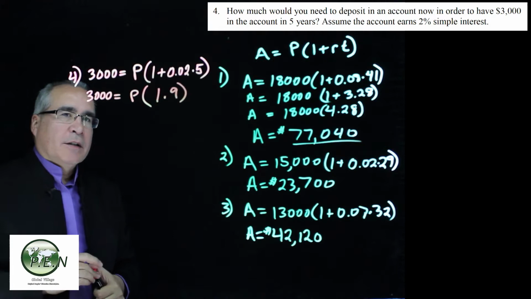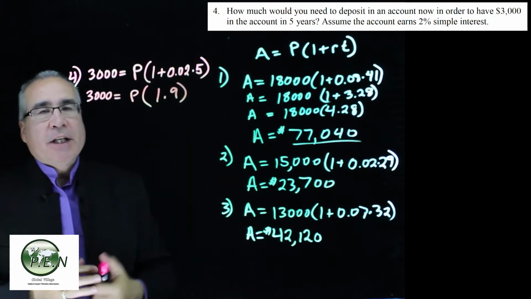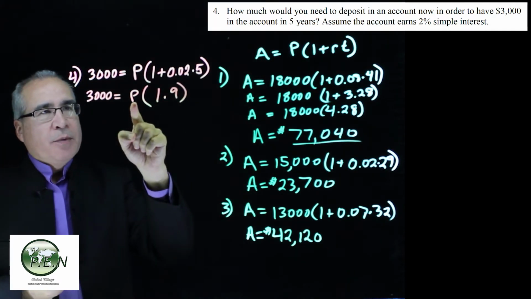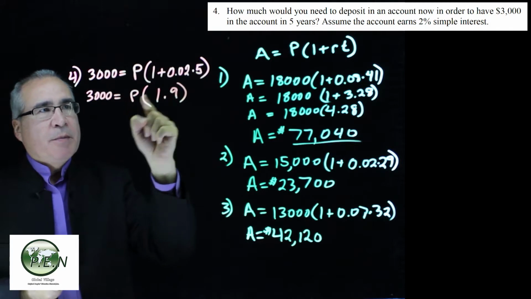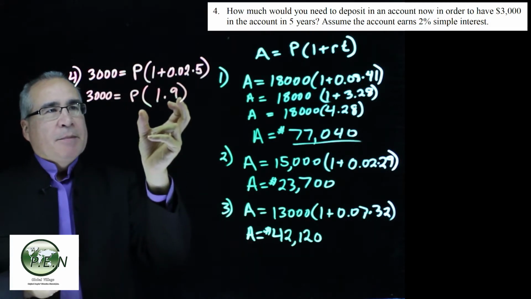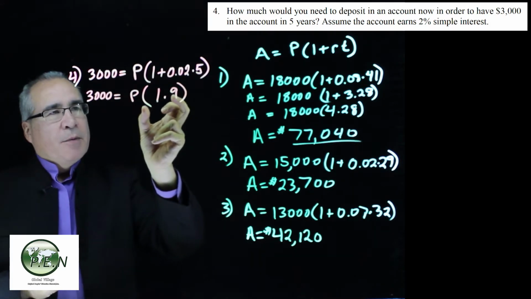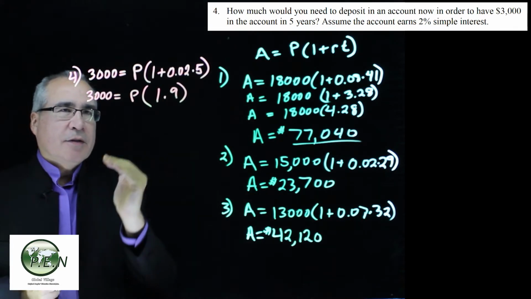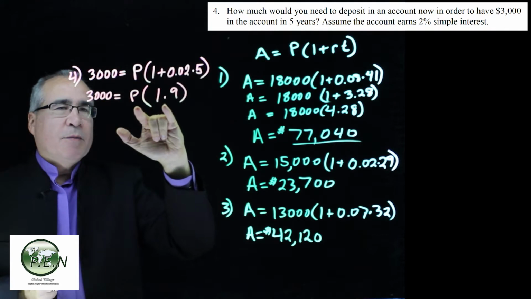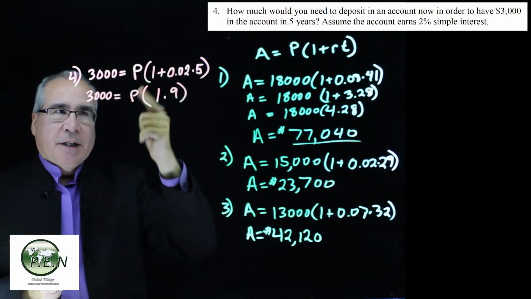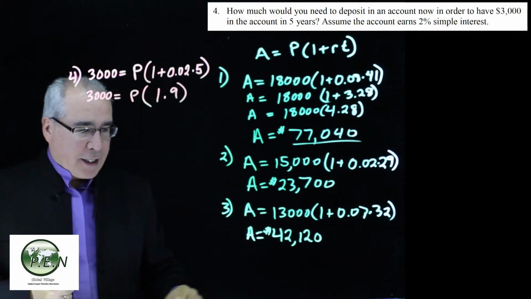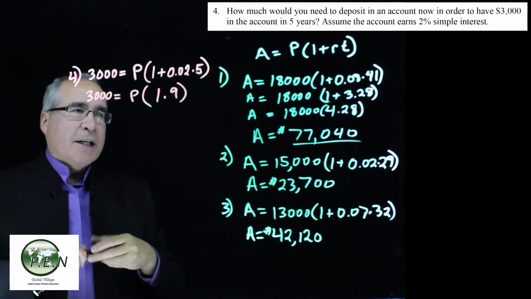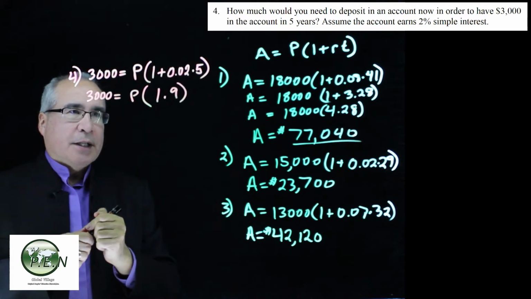Now this is where we get to the point where we need to do some algebra. If we knew what we needed to deposit, we would multiply by 1.9, but since we don't know, we're going to do the inverse operation, which is division. Okay, so you'll see this consistently. Since we can't multiply because we don't know what the variable is, we don't know what that letter is, we're going to divide by 1.9.